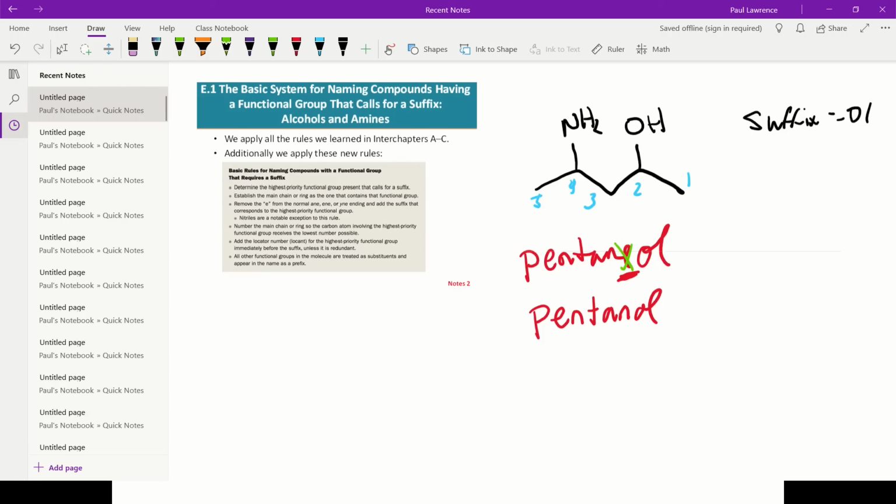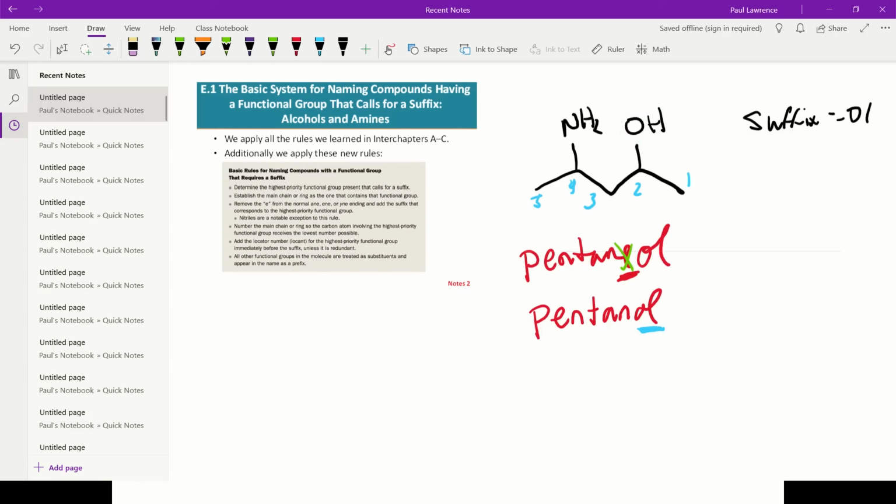The next bullet point says we add the locator number for the highest priority functional group immediately before the suffix. All right. So what that's saying is, where is this -ol? Where is it located in the pentanol? And we can see that the -ol is referring to the hydroxyl.